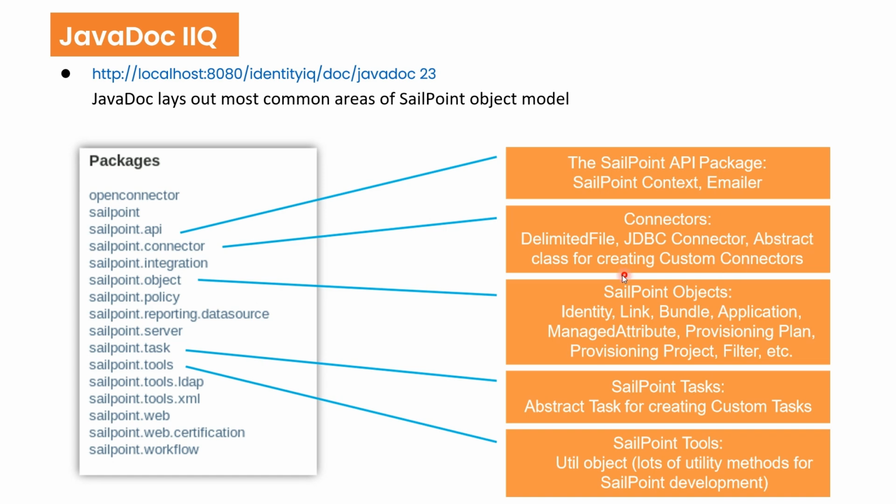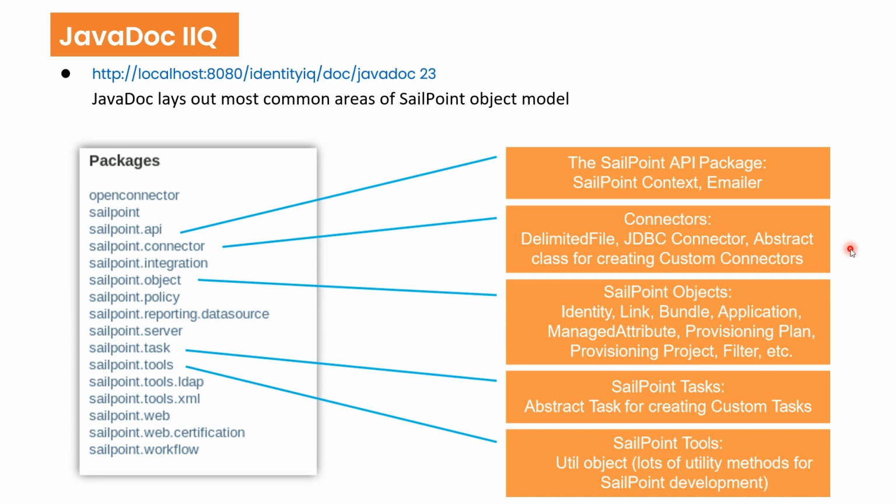If you want to build a custom connector, you need to go with the abstract connector class, and with the help of that you can build your own connectors as well, guys. You can build the schema, fields, attributes, entitlements, everything with the help of this particular package.